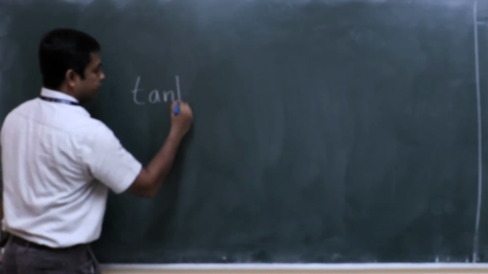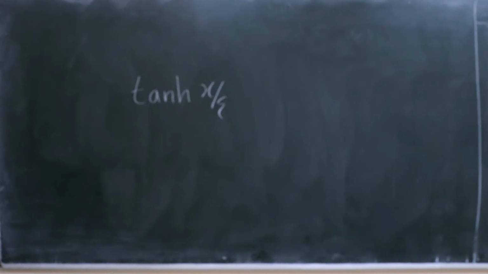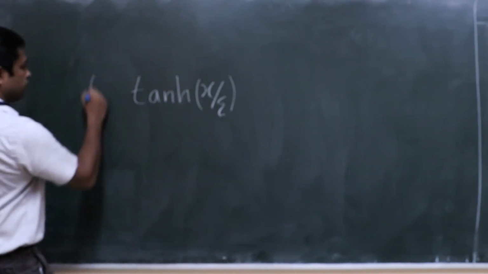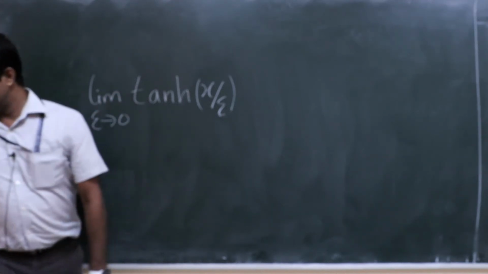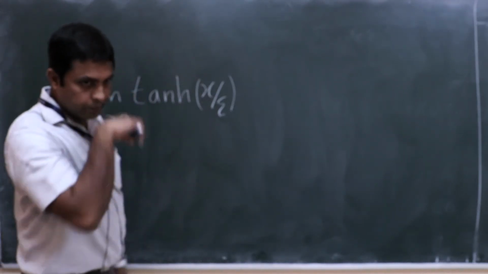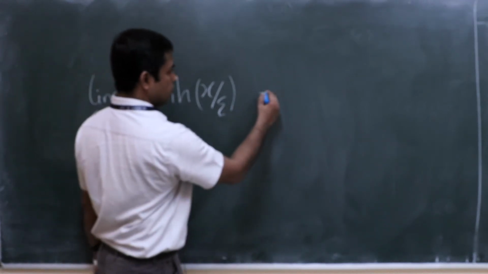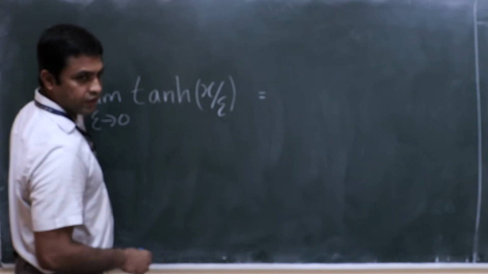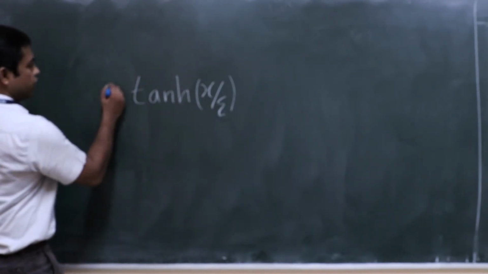Again, let us go back to tan hyperbolic of x by epsilon, in the limit epsilon tends to 0. You know that this is the sign function. Now let me take the derivative of this function.